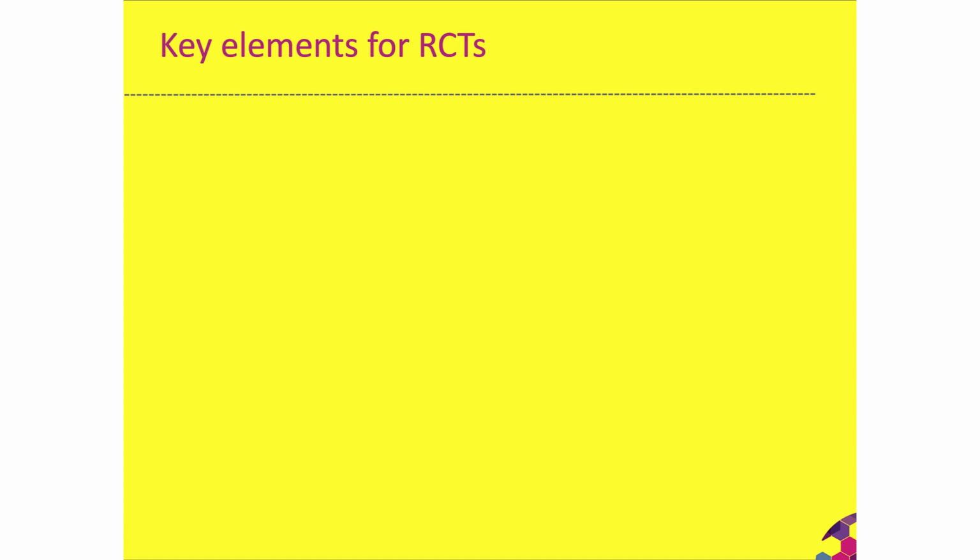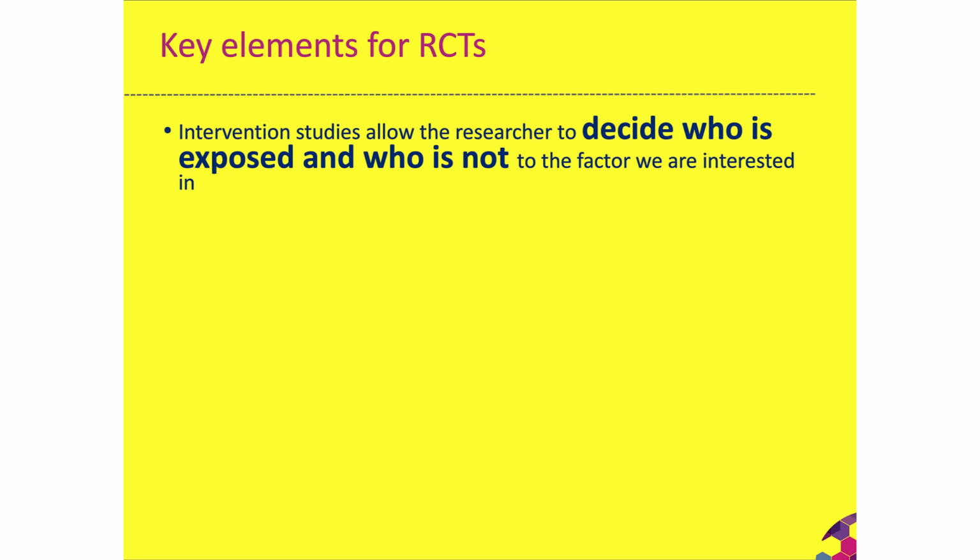So what are the key elements of randomized controlled trials? They're intervention studies, so they allow the researcher to decide who is exposed and who is not to the factor or the intervention, the drug, the vaccine, or the health promotion activity that we are interested in.